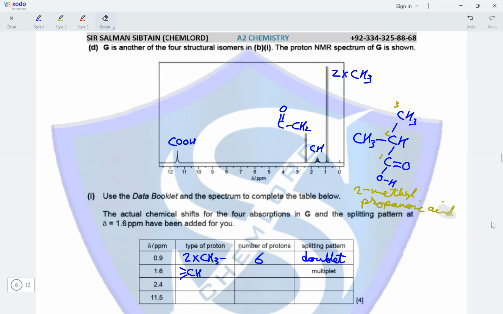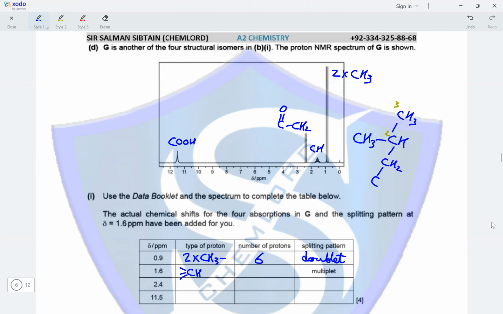So let's revisit the structure. We don't have the C double bond O group directly attached to the CH. We have a CH2 in between, because of which the multiplet lies in the range of 0.9 to 1.7.